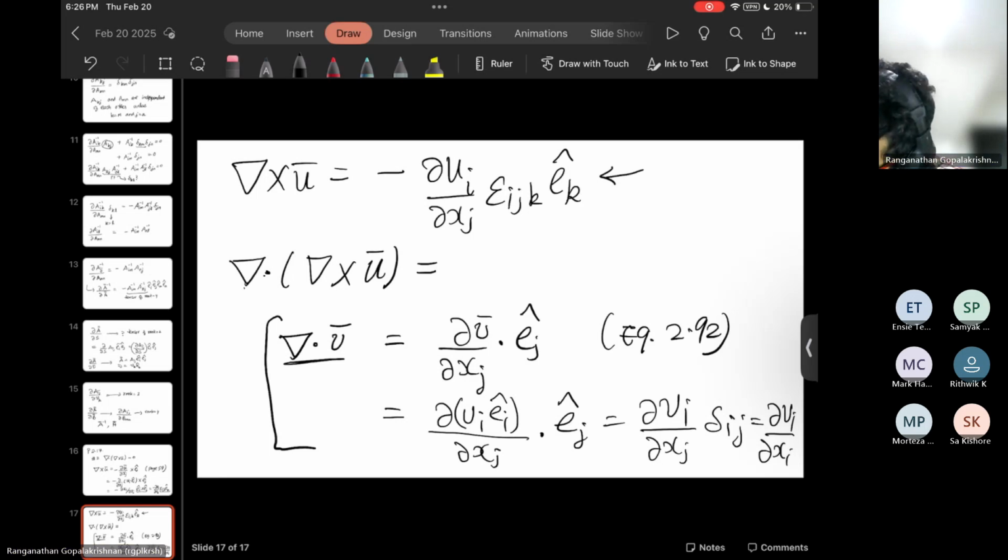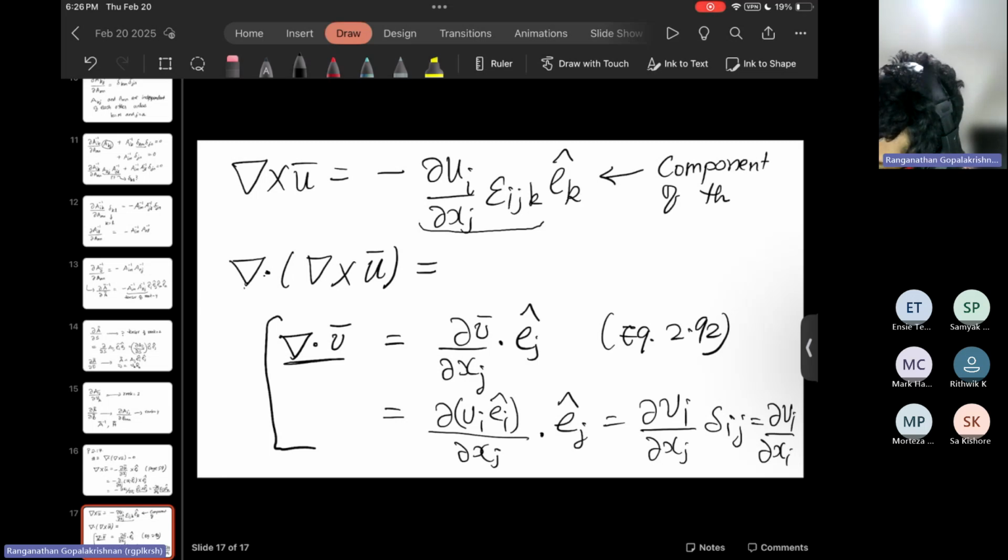All right. Can you identify this quantity? What is this quantity? This quantity is the component of the vector.